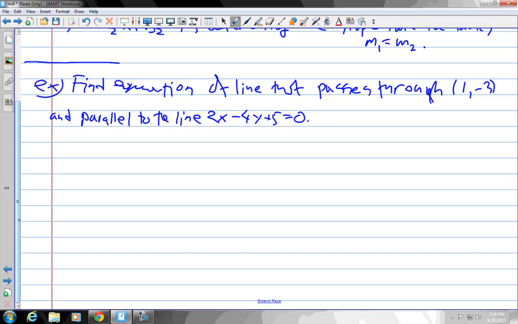So I need to know the slope and I need to know the point, right? I have the point. Do I know the slope? I mean, it's not given to me, but can I find the slope? How would we do that? Because I do have enough information on this problem to find the slope of our line.